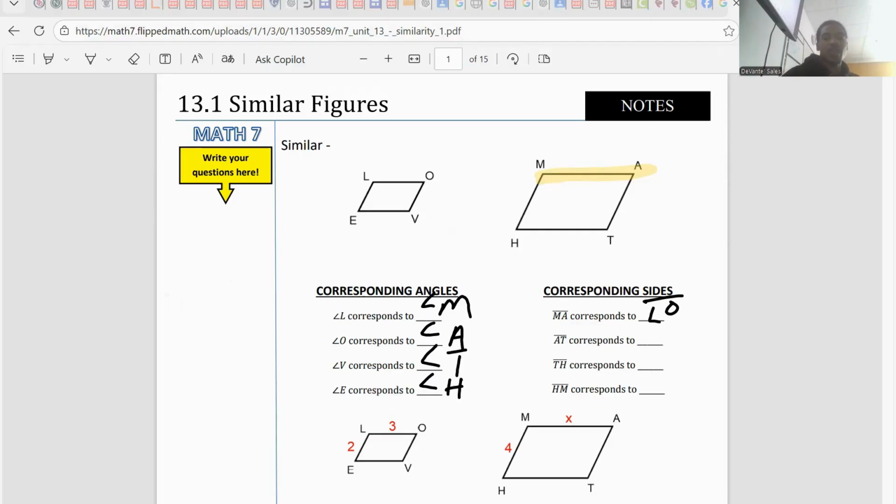What about corresponding side AT? That would be your length here, so this one and this one. Side TH corresponds with, I would say it's VE, because T is after H, and V is after E, so we say VE.